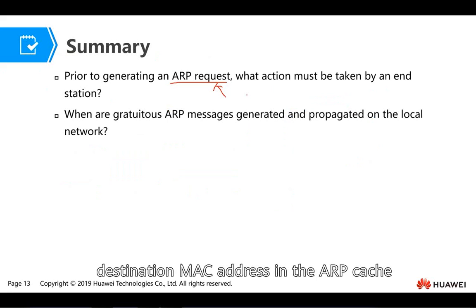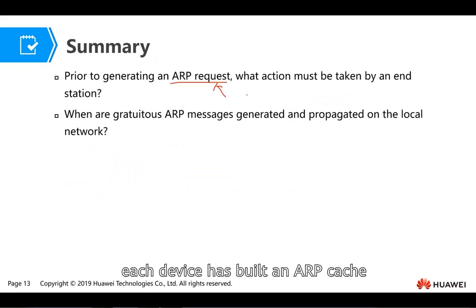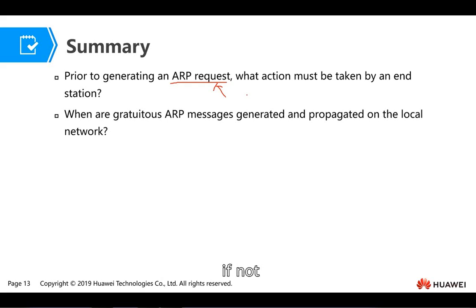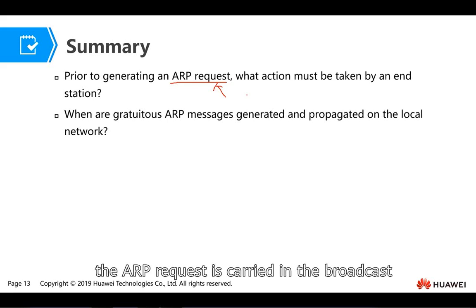Every device has an ARP cache. If you can find the destination IP in the ARP cache, just use the MAC address in the ARP cache. If it cannot find the destination IP, then it sends out an ARP request. The ARP request is carried in a broadcast.